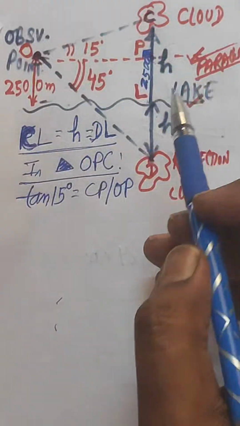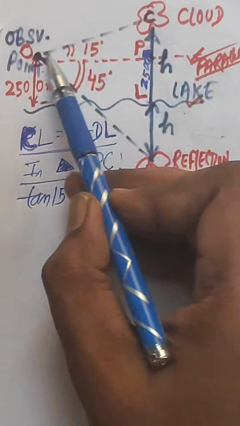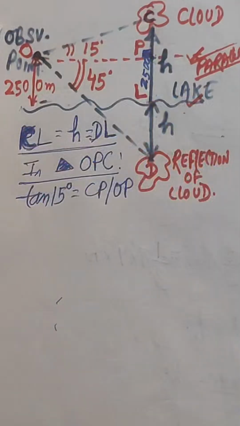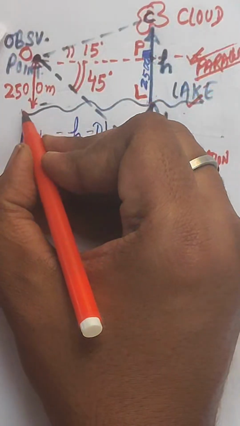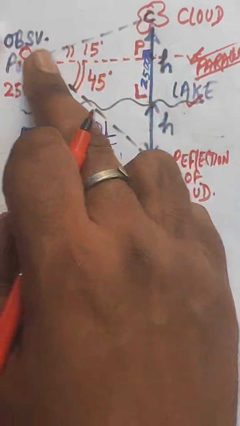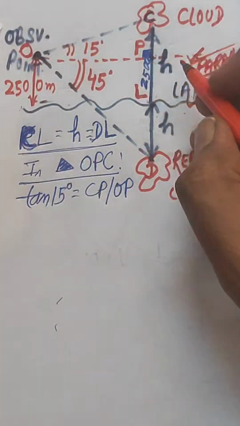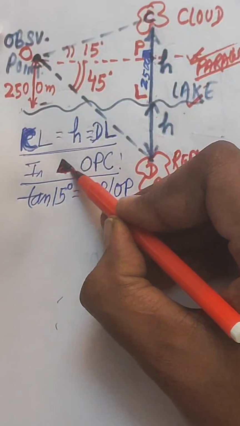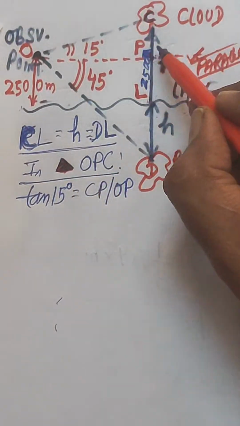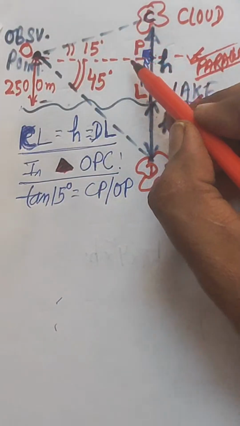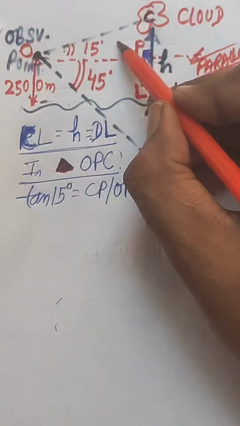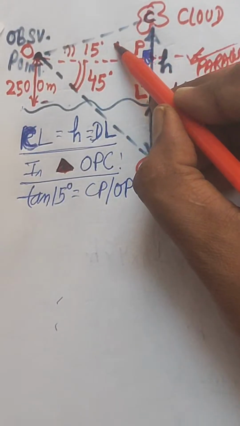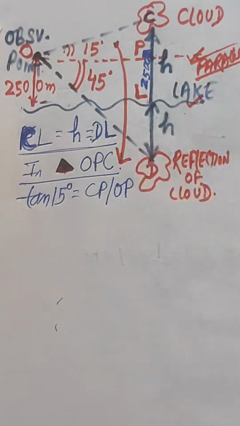The concept we will be using is that the distance OP will always be equal to this distance LM, whether we are considering this triangle OPC, which we have considered.